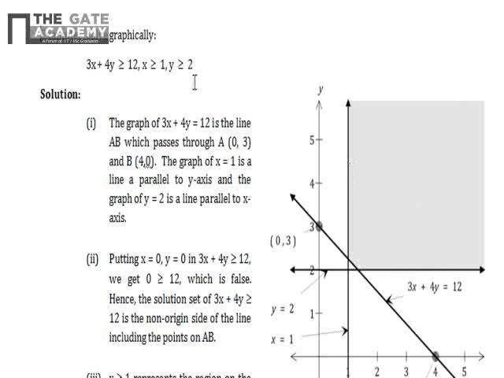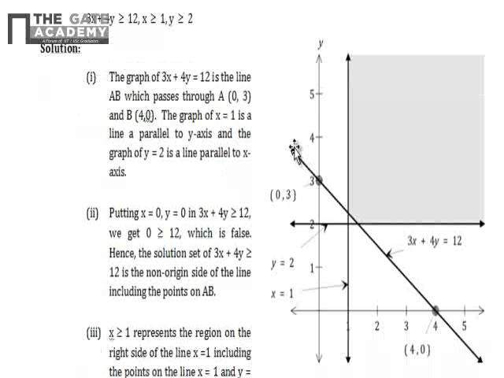Y greater than or equal to 2 is this line, and the region will be this side. 3x plus 4y greater than or equal to 12, the line is this, and the region will be on the top side. We'll have to find the common region of all the three lines. This shaded region is the common region.